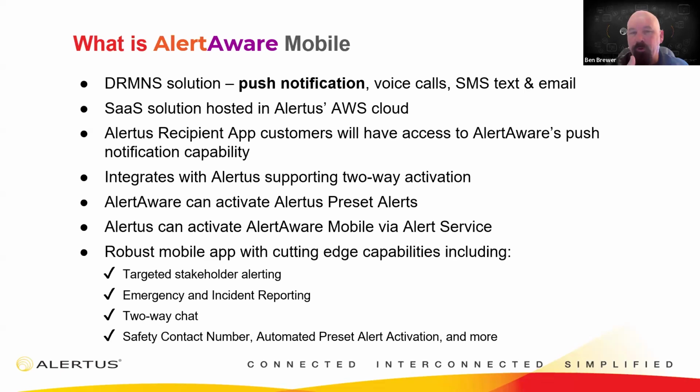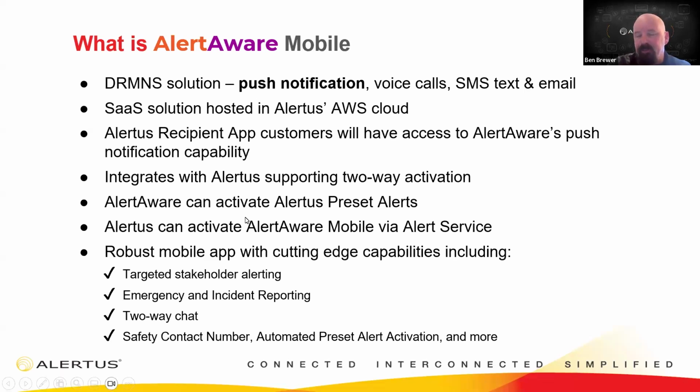Anybody who is an owner or an administrator that we set up with regard to AlertAware can engage in this two-way chat with the reporting individual to collect more information and ensure that the response is appropriate to what you're able to learn and validate. A lot more capacities too with regard to imagery.